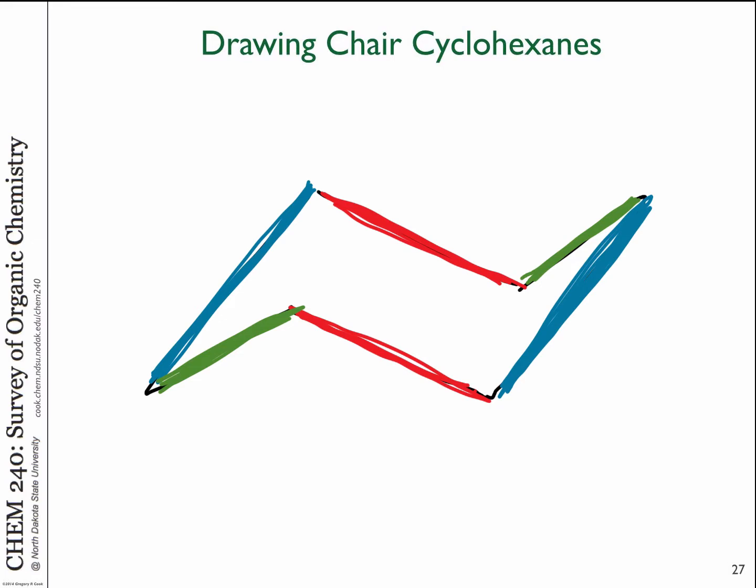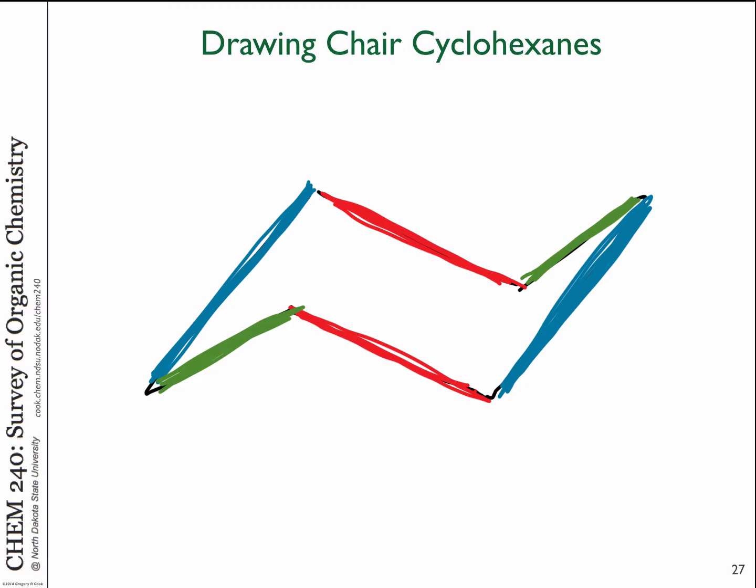And remember, at every carbon, there's an axial bond going straight up or straight down, and an equatorial bond going out, away from the ring, right? So where do you start? Well, I always start at a point going up. All of the carbons that are joined with the points going up have the axial bond straight up, and all of the points where the carbons are joined by bonds pointing down have an axial hydrogen going down.